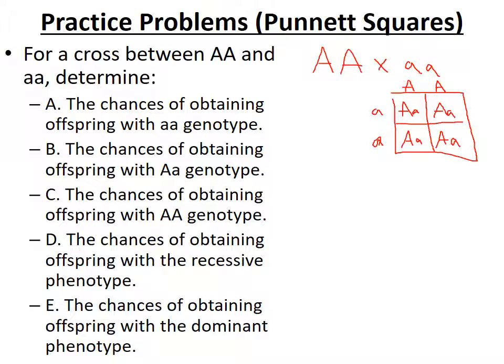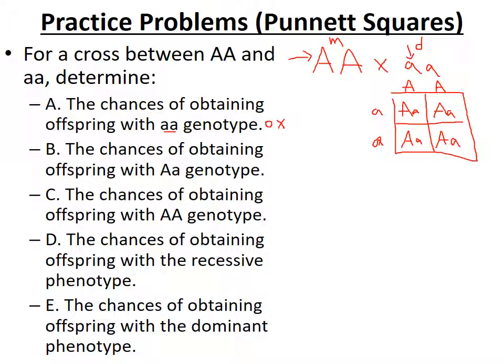Well, let's take a look. Let's start off with our first parent. Let's call our first parent mom over here, and our second parent dad over here. We want to obtain little a. So let's look at mom over here. Can she give little a? What are her chances of giving little a? 0. And what are the chances of getting little a from dad?